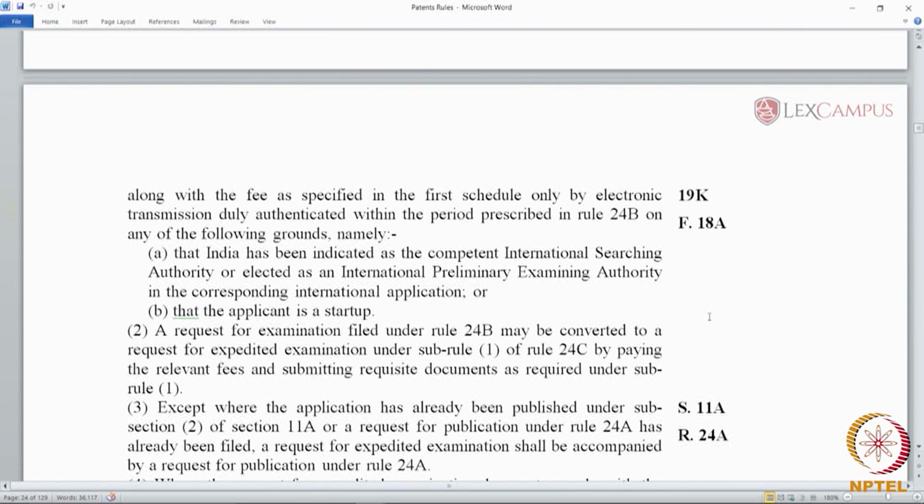So you can make a request for an expedited examination under Rule 24C using Form 18A, provided you have chosen India as the competent international searching authority or elected the international preliminary examining authority in India for the corresponding international application.